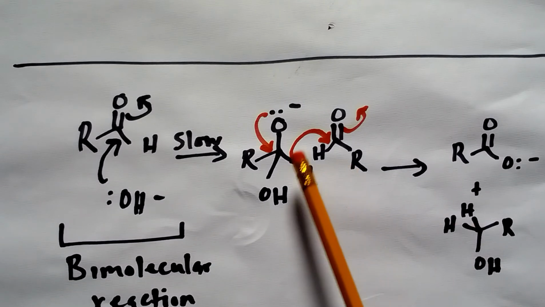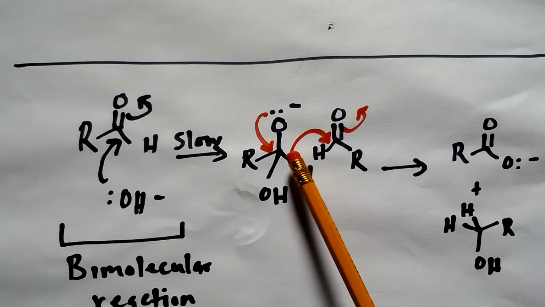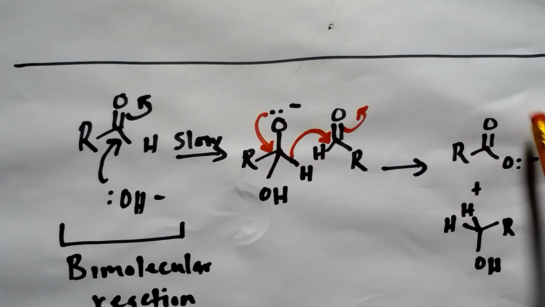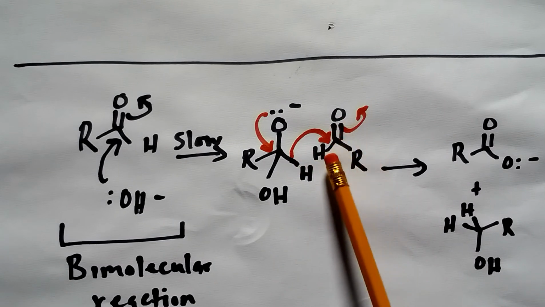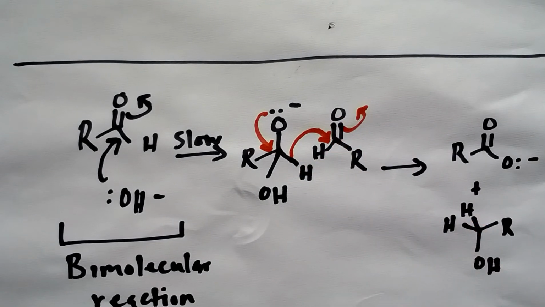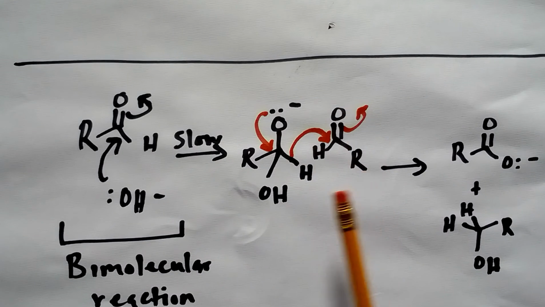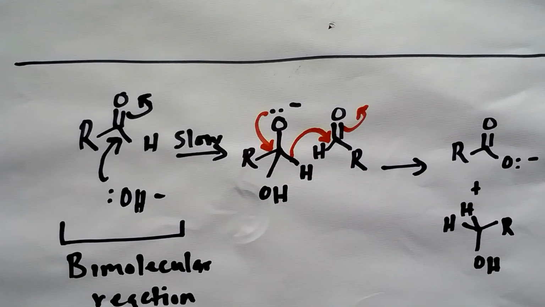Of course, when the hydride is removed from here, this species is oxidized to give us the carboxylate ion, and this species gains that hydrogen and so is reduced to an alcohol. Now, the transfer of hydride under these normal circumstances is a little bit suspicious, because hydride as a leaving group is perhaps usually possible only under catalysis.